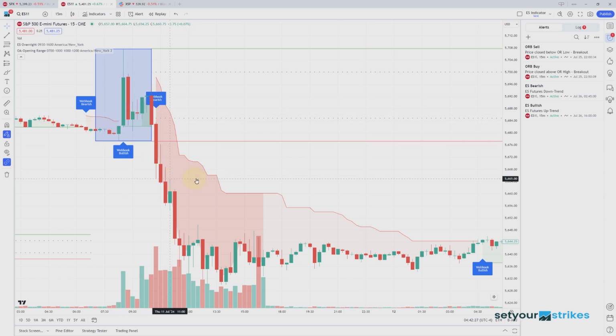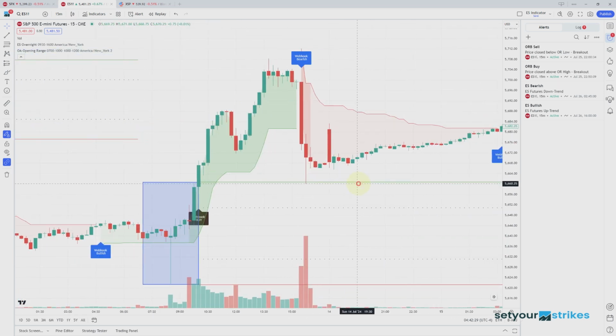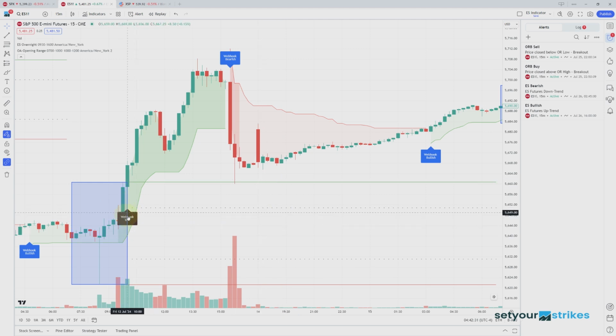Have I got the right date? No, that's the 11th. Okay, 12th. Here we go. There's the buy signal. Yeah, I wasn't even reading the right signal. Okay, so there's the buy signal. It moved up, and then here it dropped at the end of the day.